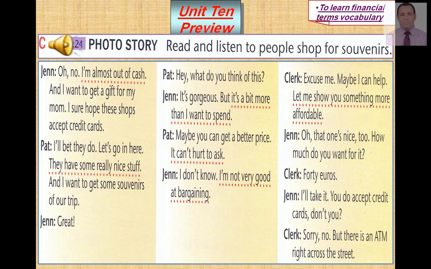It's gorgeous. It's a bit more than I want to spend. And maybe you can get a better price. It can't hurt to ask. I'm not very good. Excuse me. Please say something like that. And the fabric's nice too. How much do you want? I'll take it. You do accept credit cards, don't you? I'll find you right across the street.